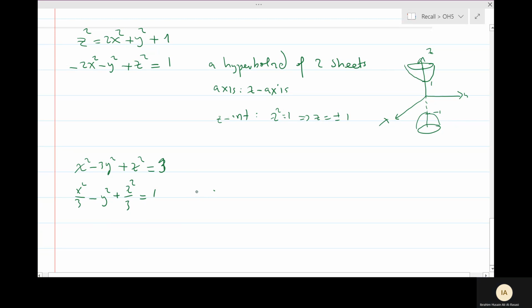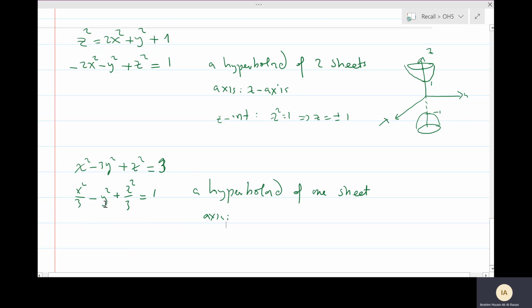A hyperboloid of 1 sheet. The axis is the y-axis. You have 2 positive signs and 1 negative sign, and the axis goes with the lesser number of signs.